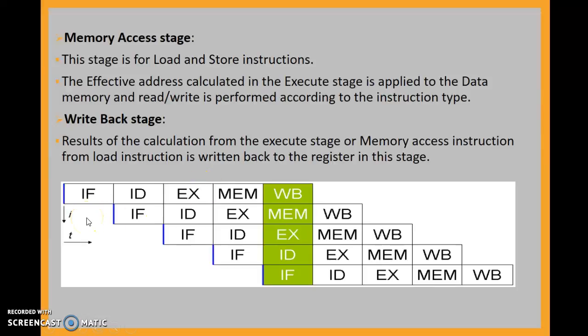This shows a quick diagram of a 5-stage pipeline, and what happens cycle by cycle. During the first clock cycle, the first instruction is fetched, and during the next clock cycle, the second instruction is fetched, and the first instruction is in the decode stage. And when the first instruction moves to the execute stage, the second instruction is in the decode stage, and the third instruction is in the fetch stage, and so on.